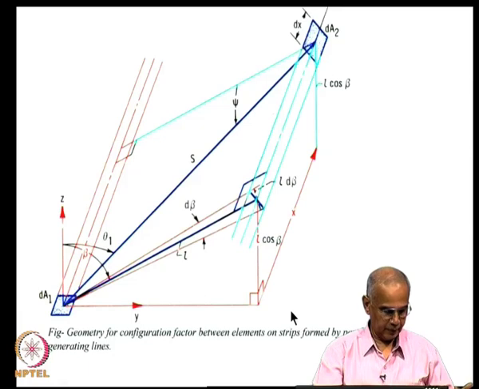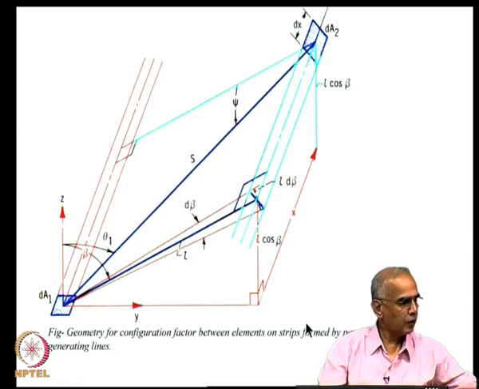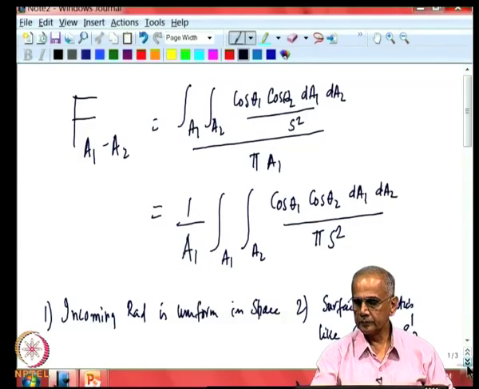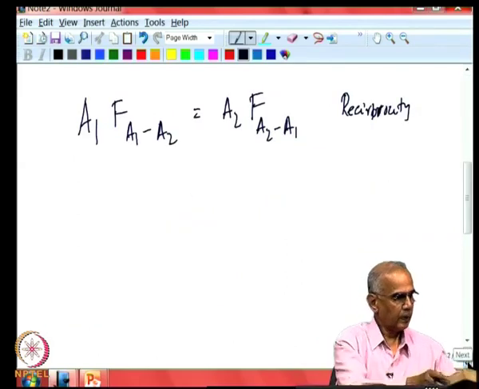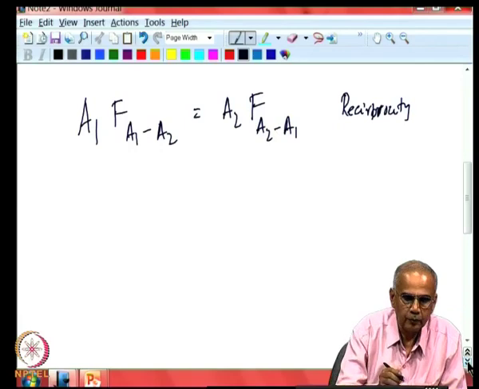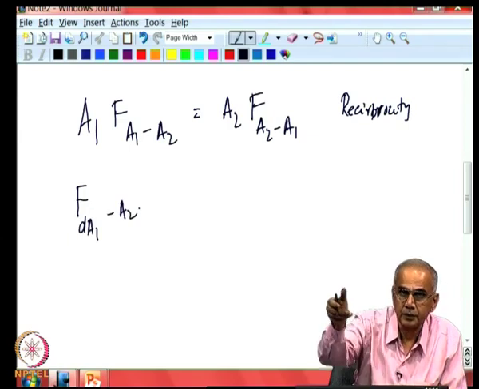Now, this integration can be carried out fairly easily, and this is purely a geometric problem. So, I will now write down a few steps indicating how this integration is done. We will look at the integration from area dA1 to A2. A2 is the strip that you are looking at.